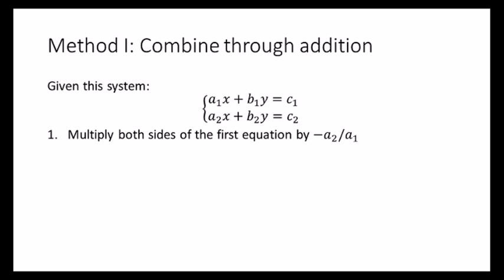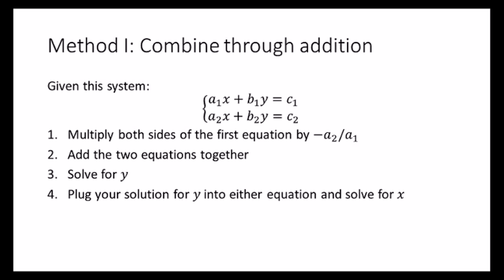And if you think through what that would mean, what happens is that the coefficient on x in the first equation becomes negative a2, so that when you add those two equations together, your x terms cancel out and you're left with an expression that only has y's in it, so you can then solve for the y's.